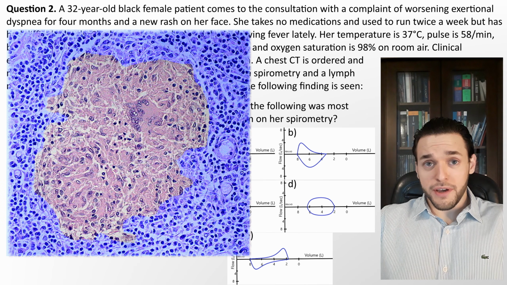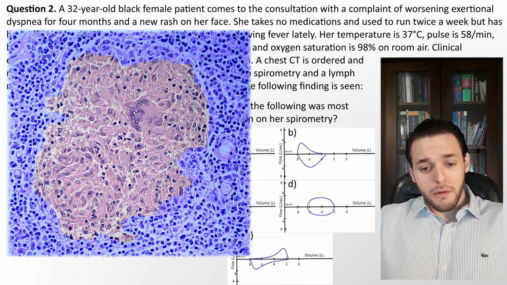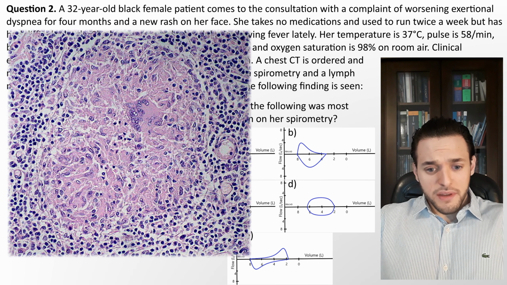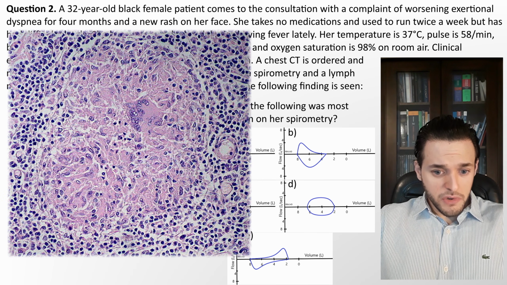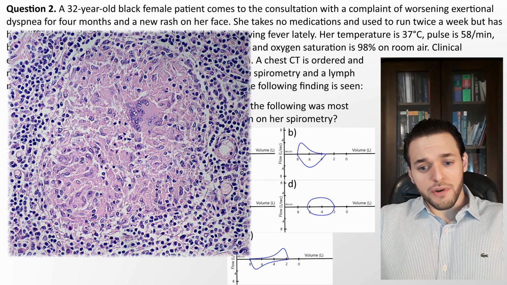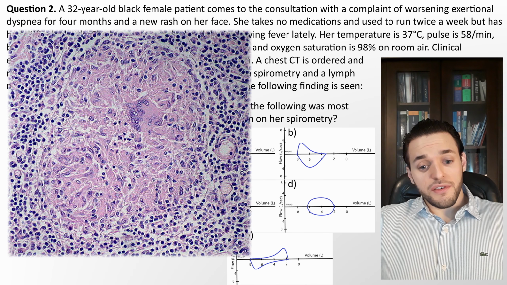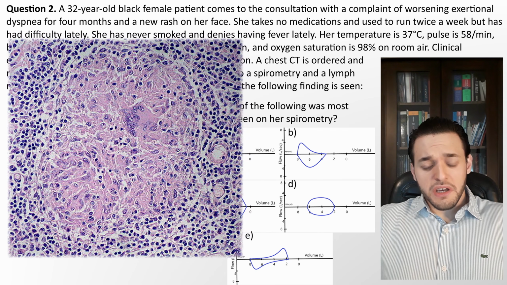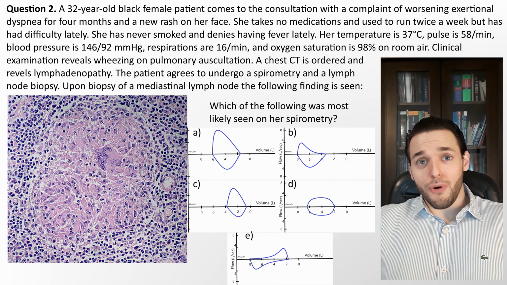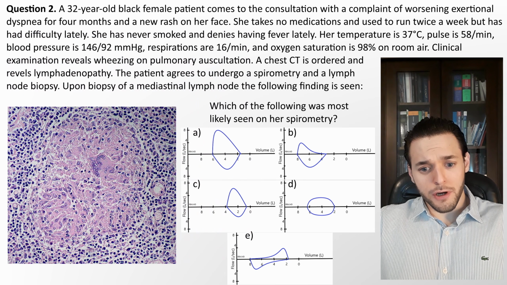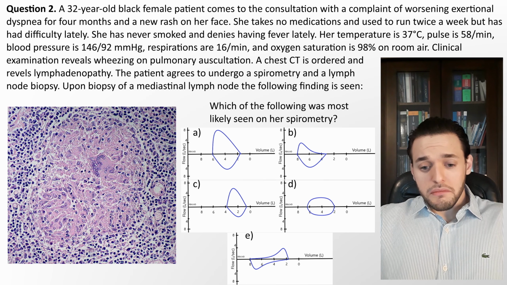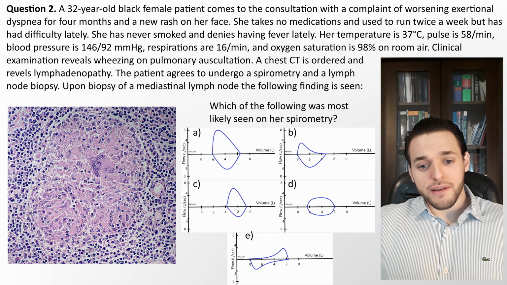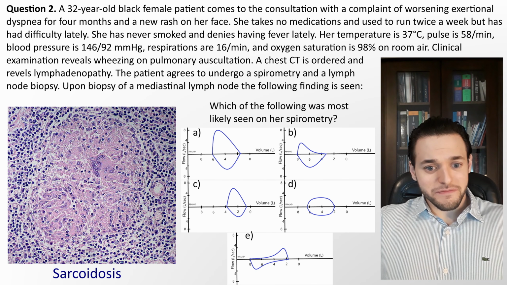So we can identify this as a granuloma, but as you can see, there is no necrosis in the middle. So there is no caseation necrosis. This is a non-caseating granuloma. Now, there are other possible causes of non-caseating granulomas, but they are traditionally linked to sarcoidosis.